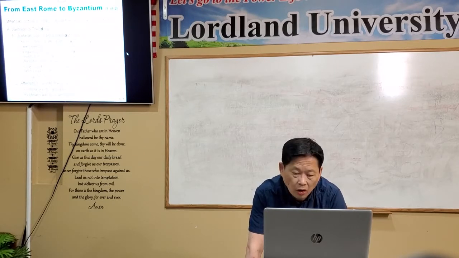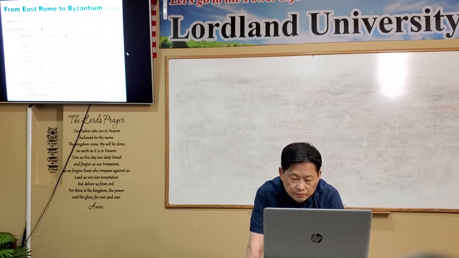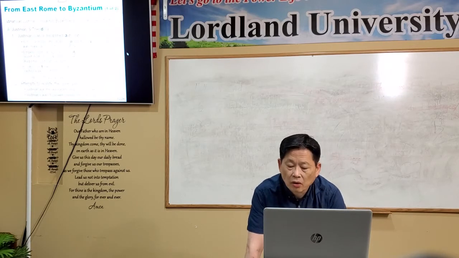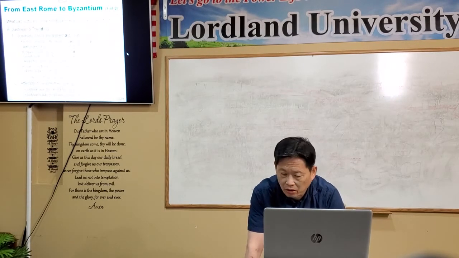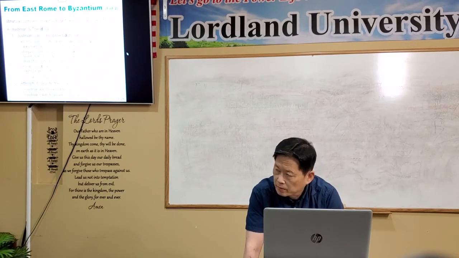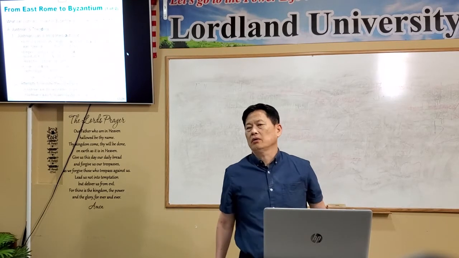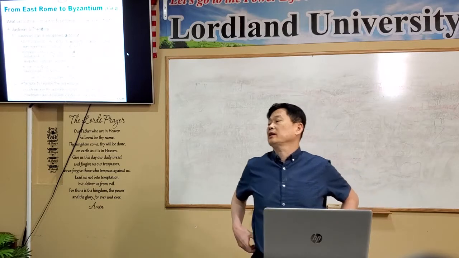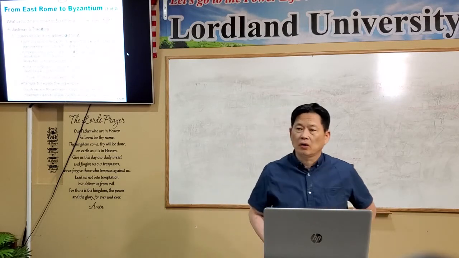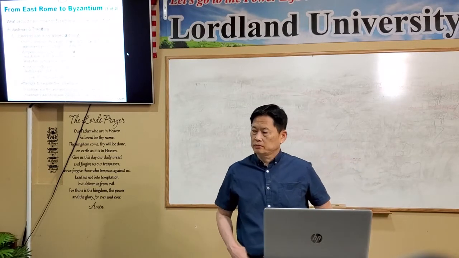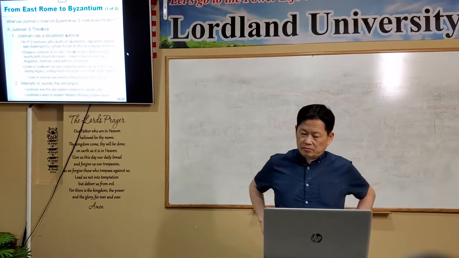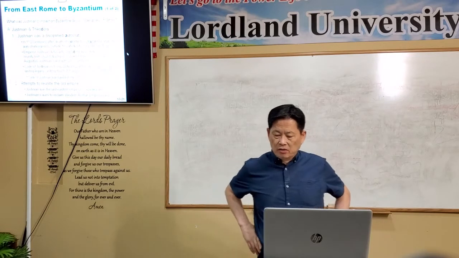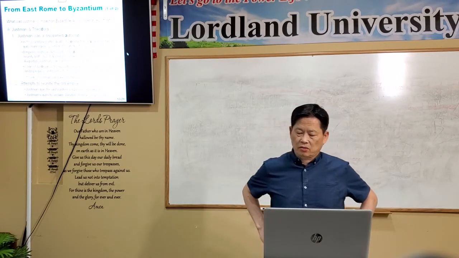This code of Justinian was based on the principles of Roman law, except the common law, such as American law and English law. Most of the countries adopted Roman law, German law, a written law.